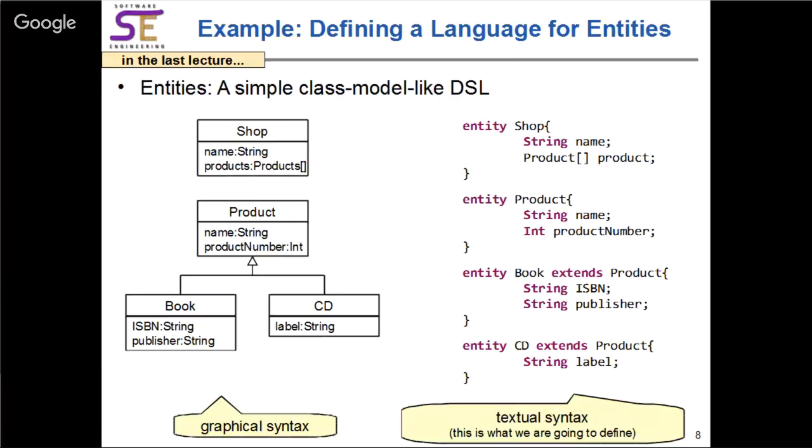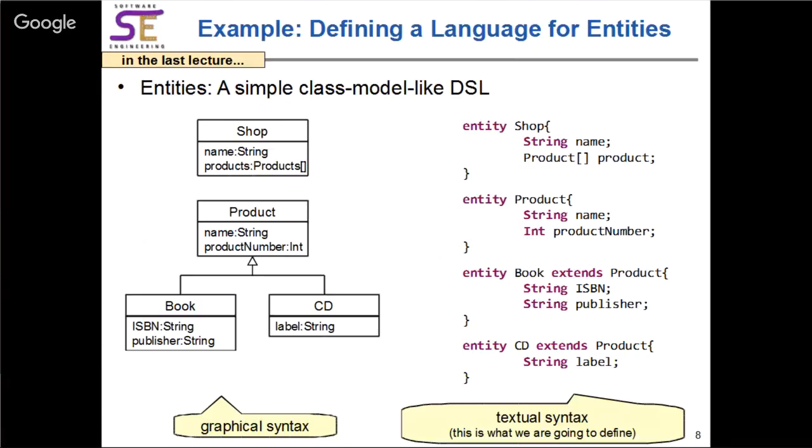And we would like to have some form of inheritance or extension concept. So we would like to say, okay, there are products, for example, there are products in a shop, and a book is a special kind of product. So essentially, this is a simplified class diagram modeling language, if you want.